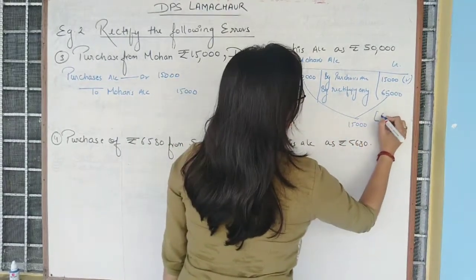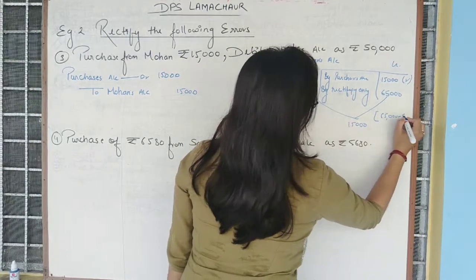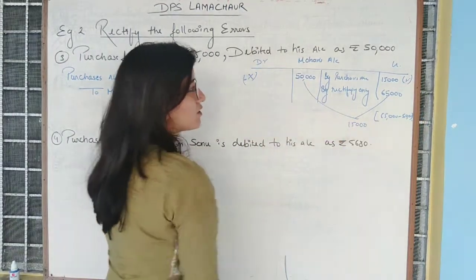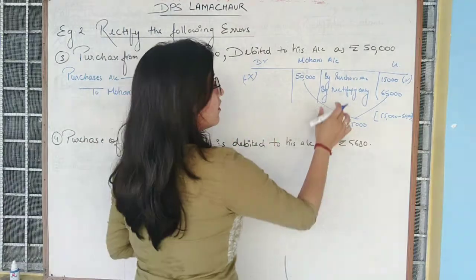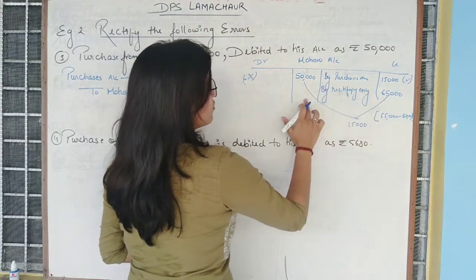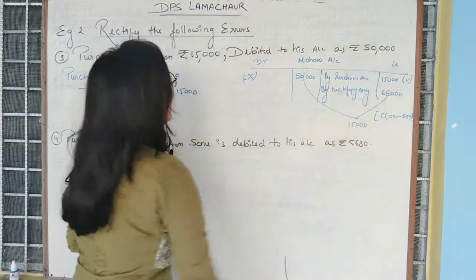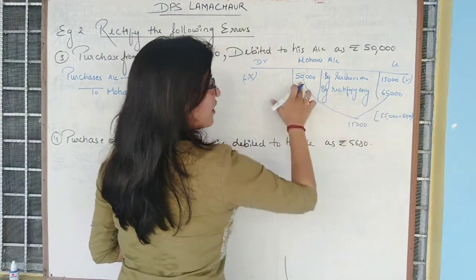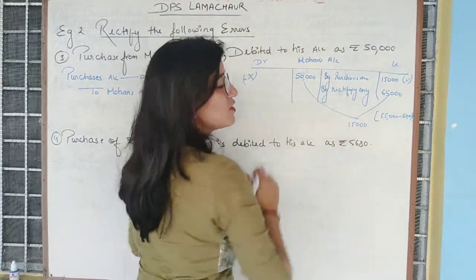When we subtract 50,000 from 65,000, we get the amount rupees 15,000. So in this case, while posting the rectifying entry, we will add the amount of wrong posting and the correct amount, which is 65,000, and we will subtract 50,000 from it, we get the amount 15,000.